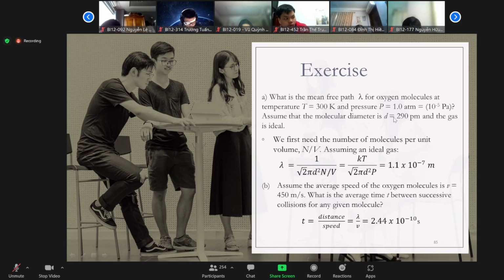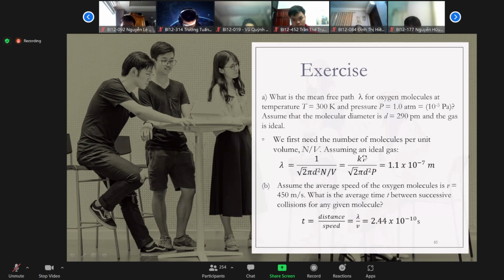What we know is the pressure. Then we can change the expression. We can calculate the ratio N over V as an expression of the gas constant, the pressure, and the temperature, which we know here actually. Then we should be able to have the final result.